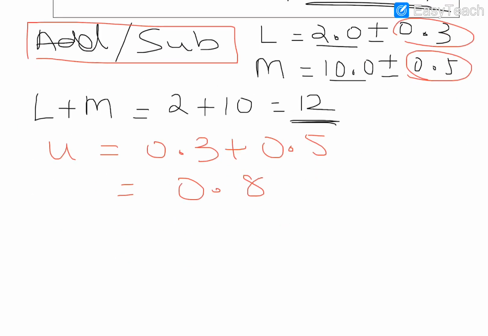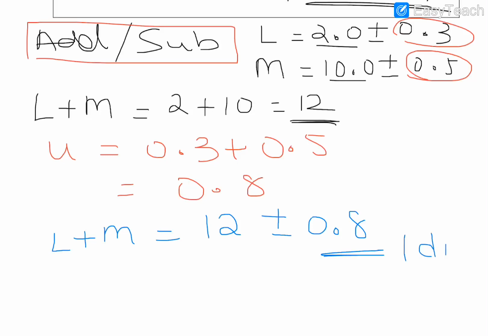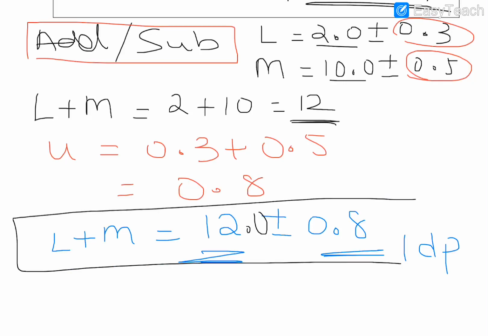So when I'm reporting my result, I'll say L plus M is equal to 12 plus minus 0.8. Okay, when you look at this value, this is 1 dp, which means that my value of L plus M should be recorded to 1 dp. So I'll add a 0 here. Okay, so this is my final answer for L plus M.